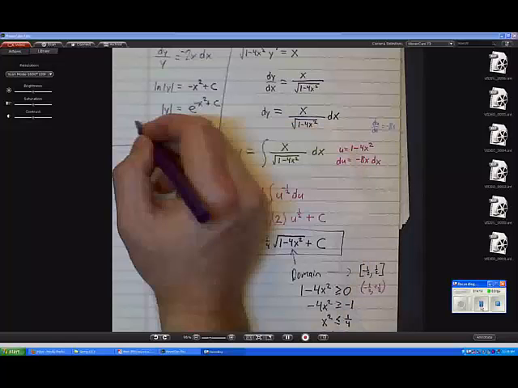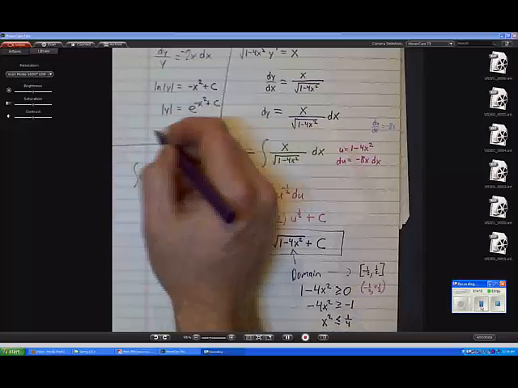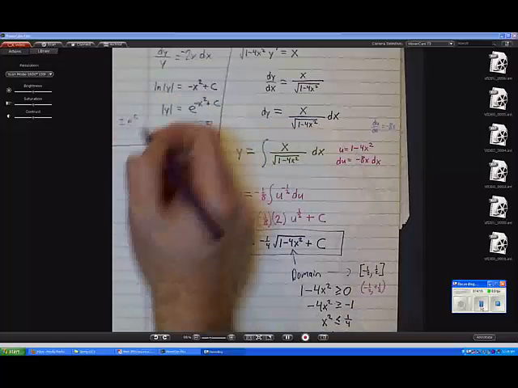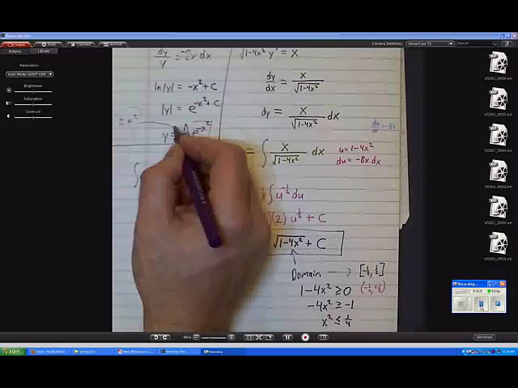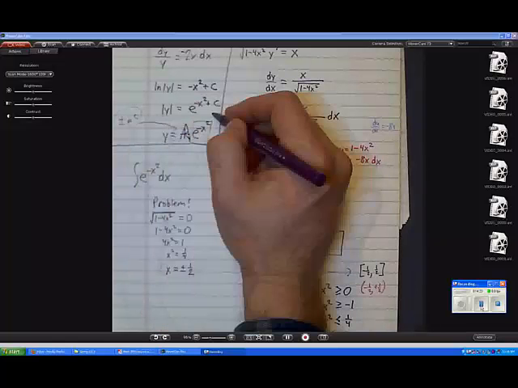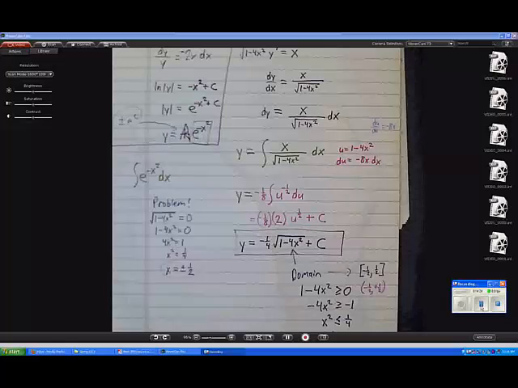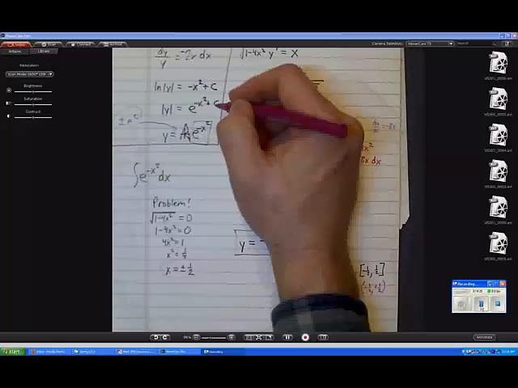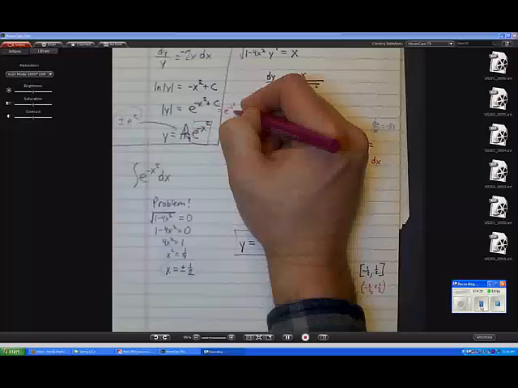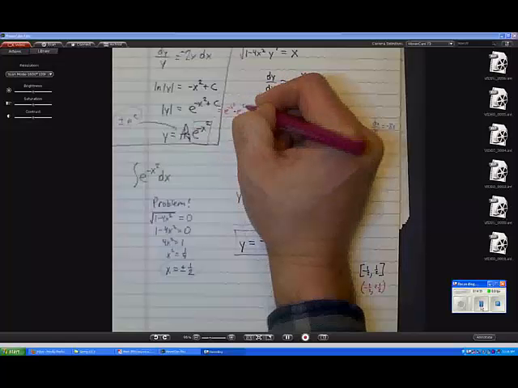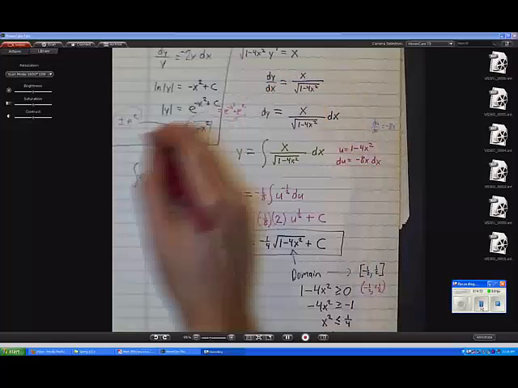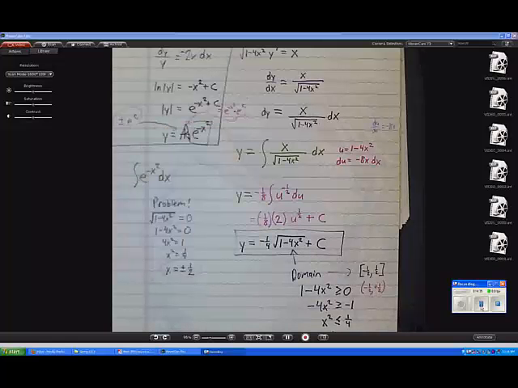What I'm doing with this constant is I'm saying that this is plus or minus e to the c is what it actually is. Because remember, when we have e to the negative x squared plus c, that's the same as e to the negative x squared times e to the c. And that e to the c I can bring out front with a plus or minus, and then I don't need an absolute value. That's just a standard trick that we've done a few times now.